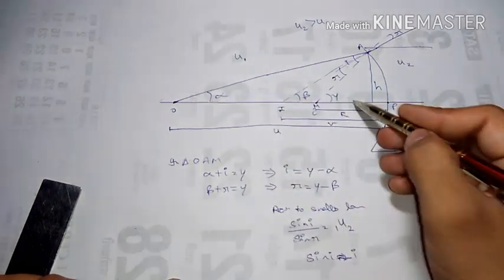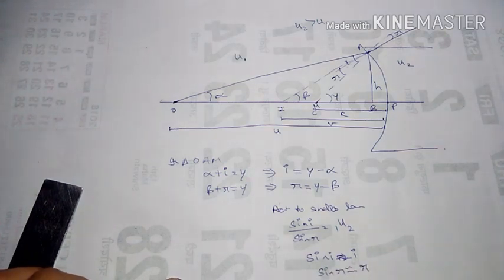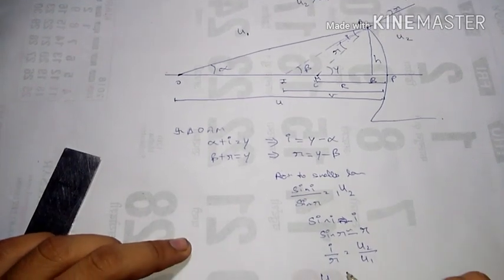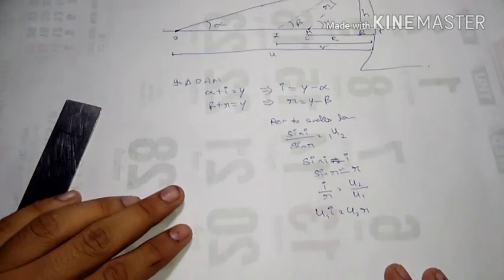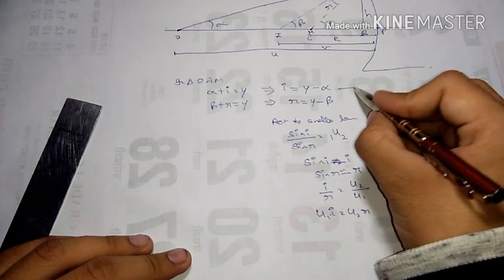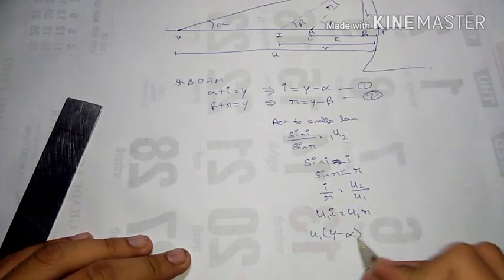Since the angles alpha, beta and gamma are very small, sin i will be approximately equal to i, and sin r will be approximately equal to r. So we can write i over r is equal to mu 2 over mu 1. So mu 1 i is equal to mu 2 r.